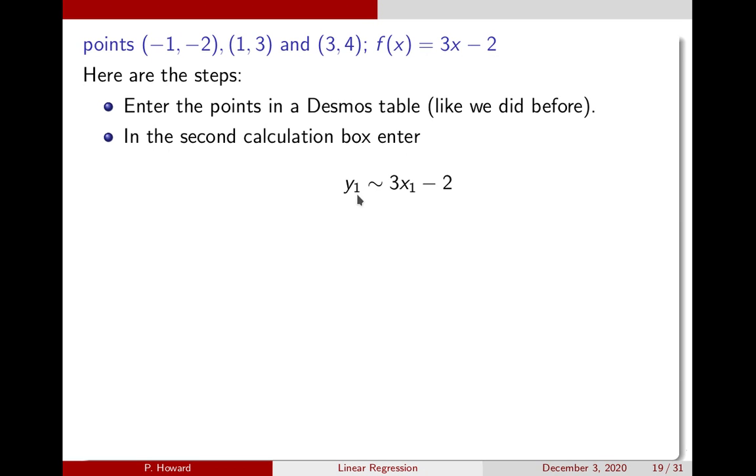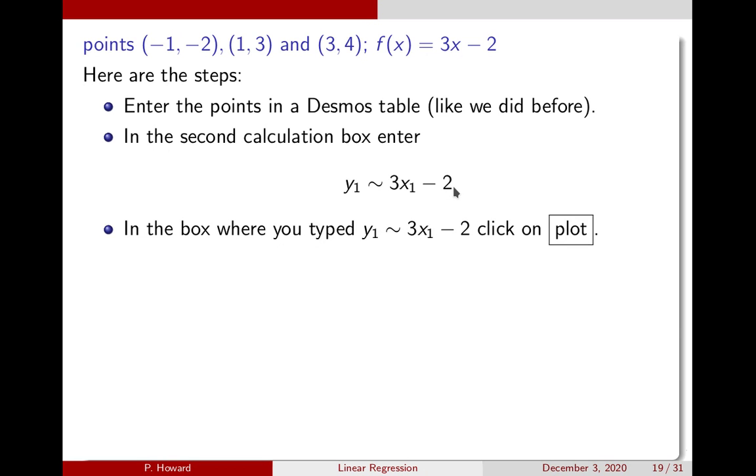So we're entering y1 tilde 3x1 minus 2. In the box where you entered the y1 tilde 3x1 minus 2, a plot button will appear, and you should click on the plot button.